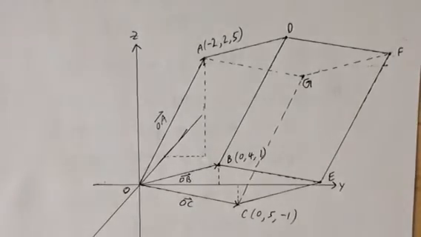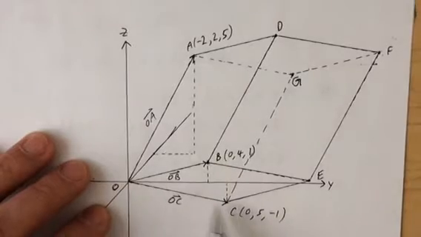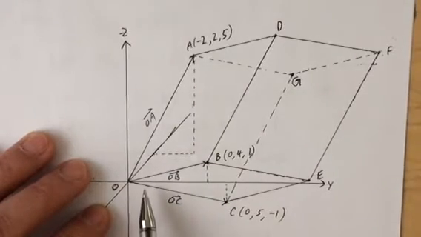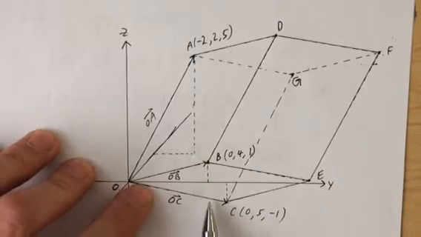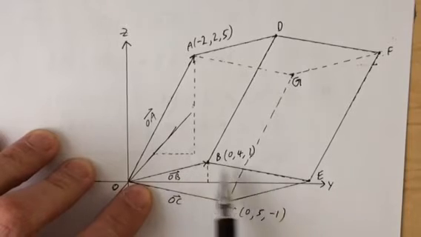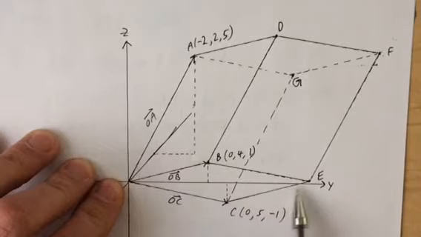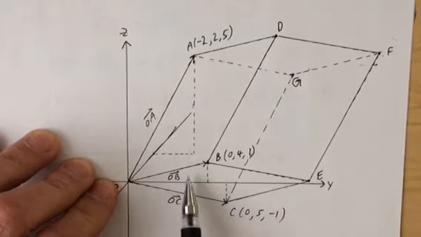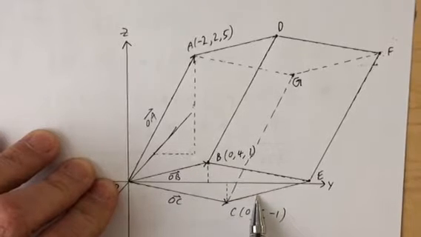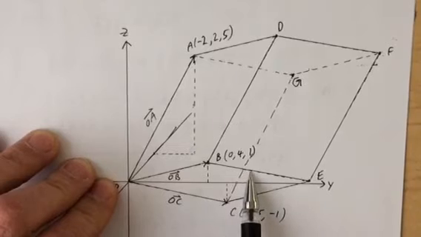Now to create the parallelepiped, we're using these as 3 edges of the parallelepiped. To make this bottom parallelogram, I'm going to take vector OB and add it to OC. So OB translates over here, and I'm taking OC, and that translates up here.